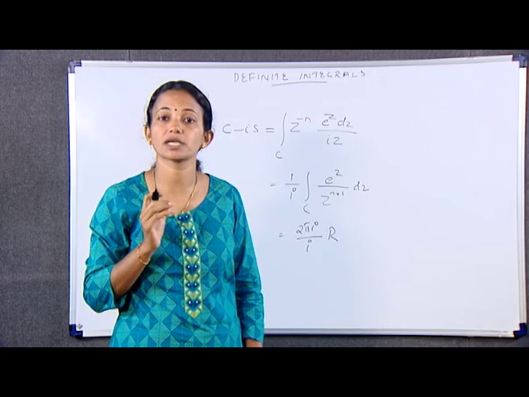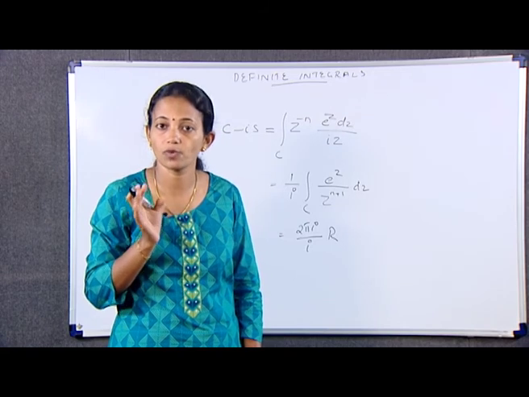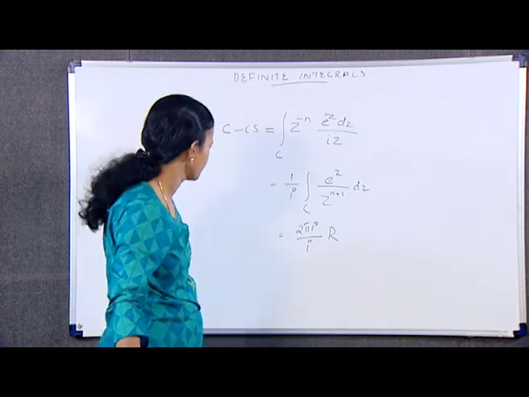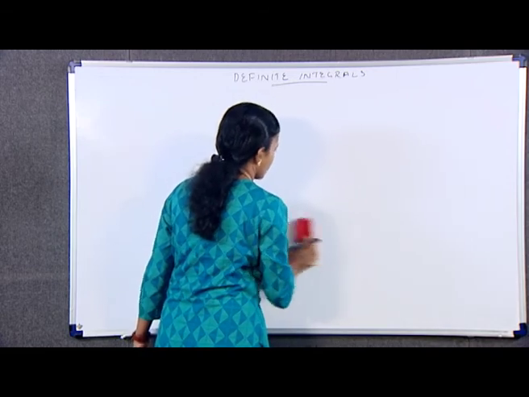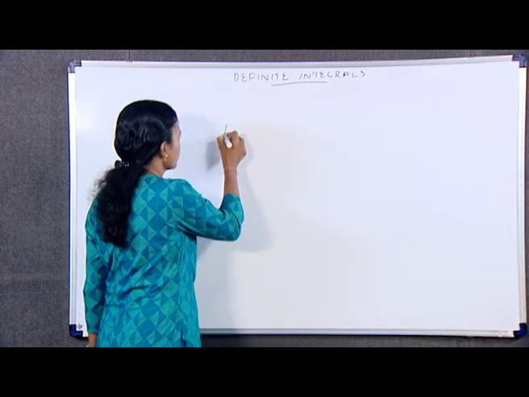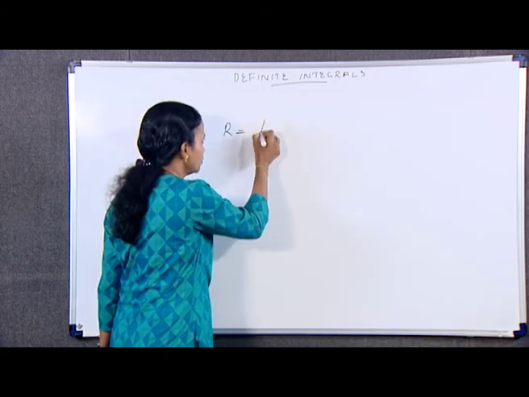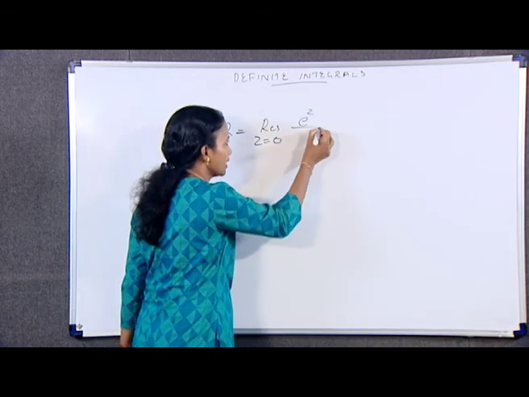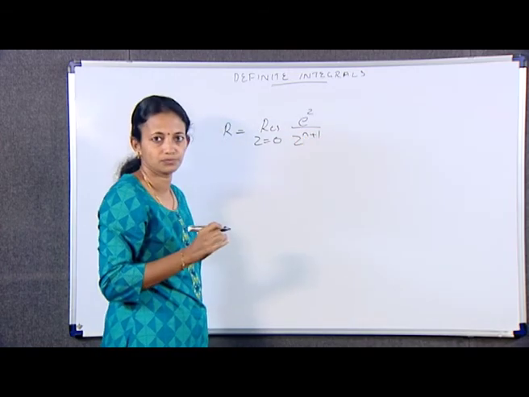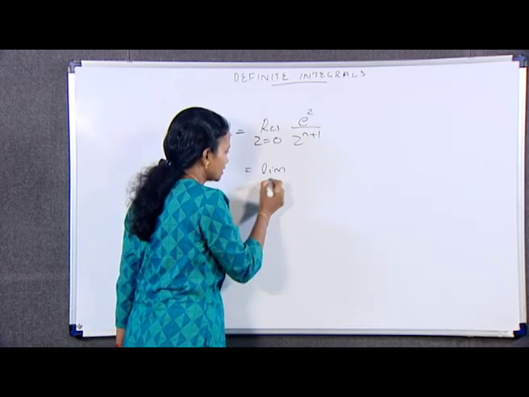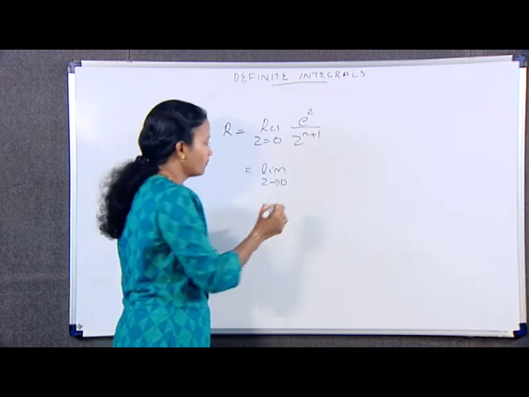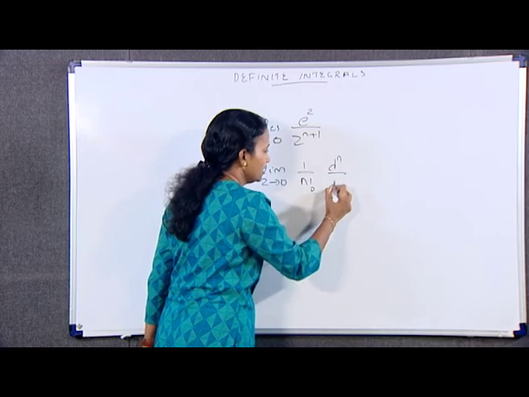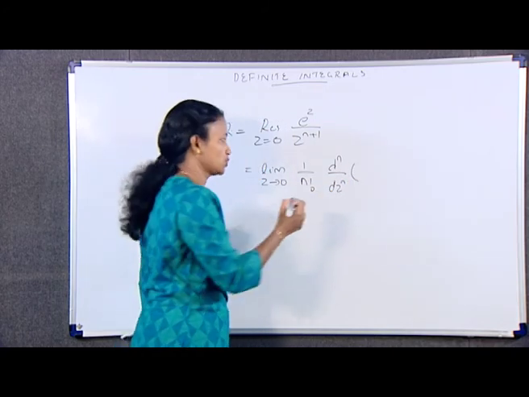Since the function e^z / z^(n+1) has a pole of order n+1 at z = 0, we have R equal to the residue at z = 0 of e^z / z^(n+1), which we can calculate as the limit as z tends to 0 of 1/n! times dⁿ/dzⁿ of e^z.